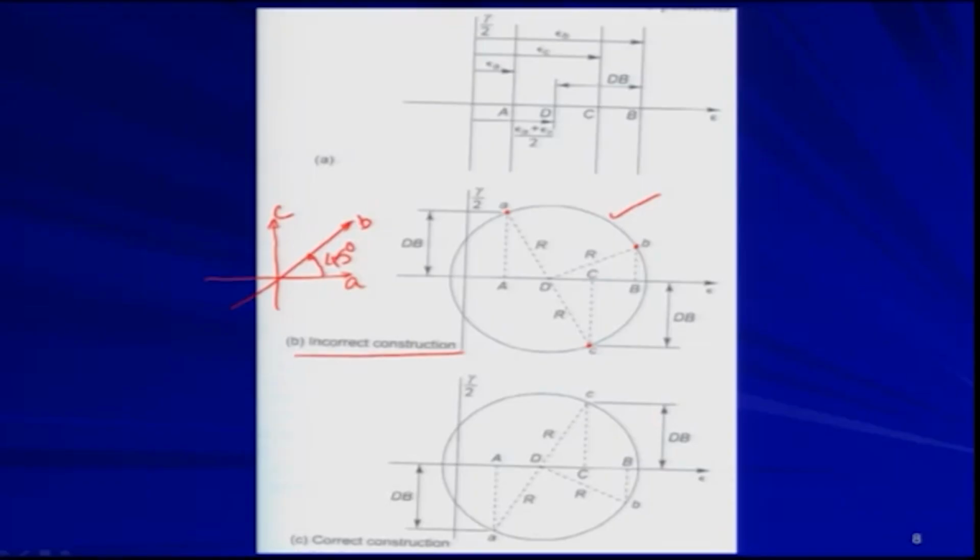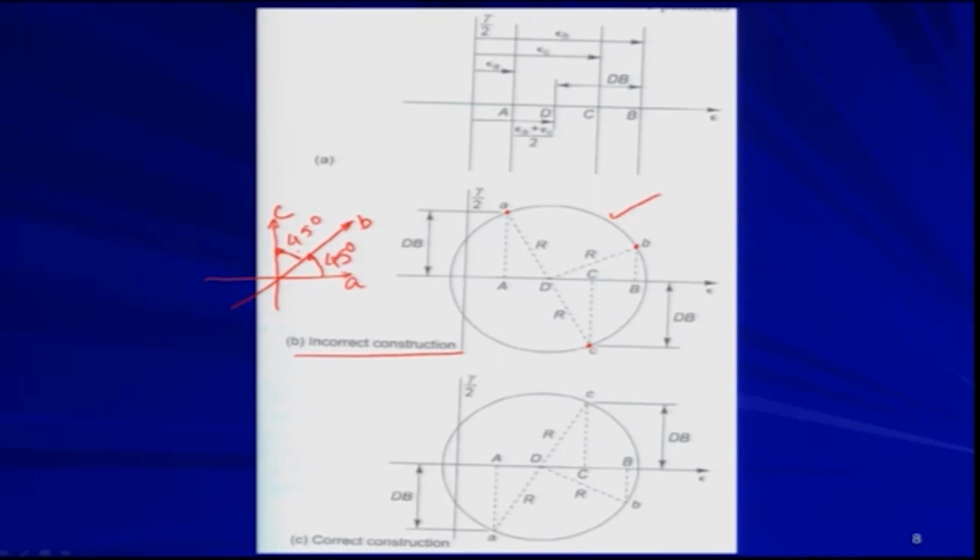Similarly, from B, if you rotate another 45°, you will get the C axis. Now, you need to check whether you are getting the same sense of rotation in the Mohr circle or not.